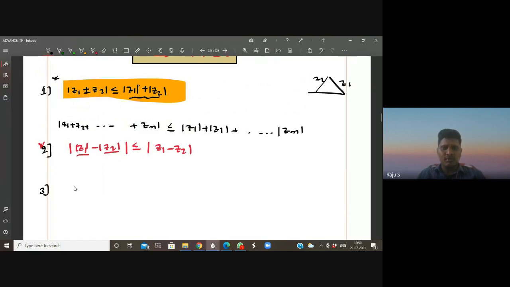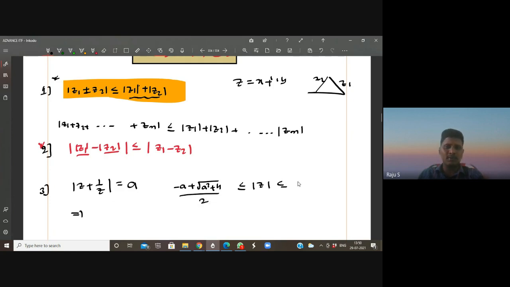Coming to the third one, in some cases z plus 1 by z. When I take z equal to x plus iota y, then modulus of z plus 1 by z, otherwise, if I take this value as a, what about modulus z? In this case, modulus z has two cases: minus b plus or minus root of b square minus 4ac by 2a.